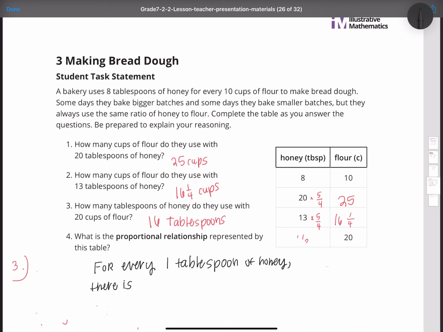I could turn those 5 fourths into a mixed number now because I'm done doing my math with it. 1 1/4 cups of flour.